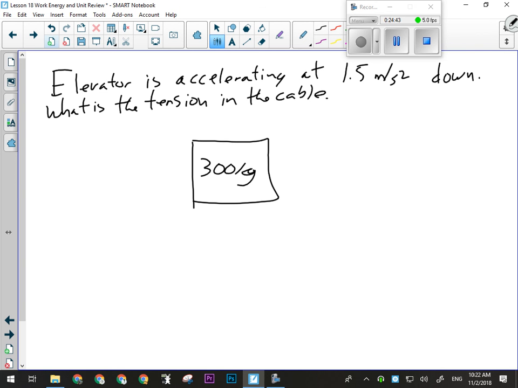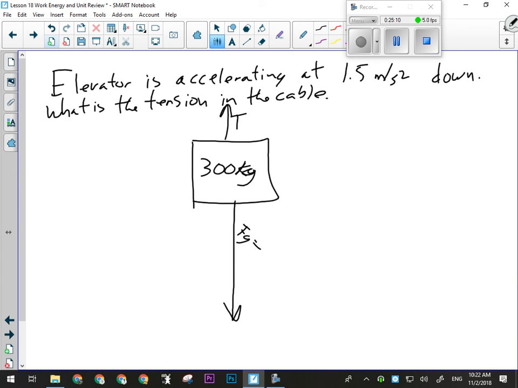Okay, typical elevator question. I'm told that the mass of the elevator is 300 kilograms, and that it is accelerating downwards at 1.5 meters per second squared. The two forces that would act on an elevator would be the force of gravity and the tension in the cable supporting the elevator.